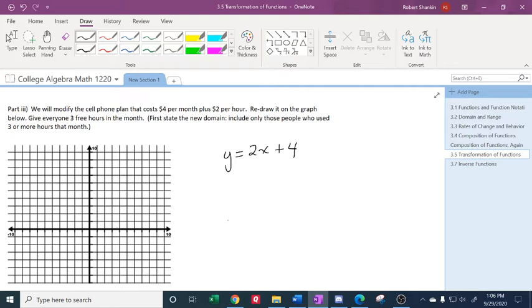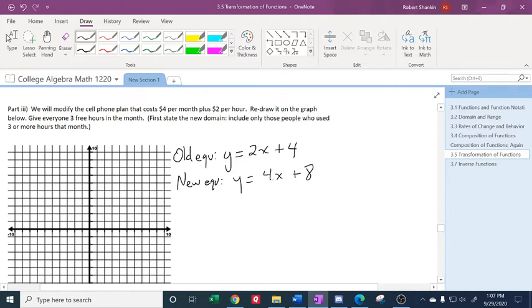Okay, let me ask group 1. What do you got here? This is a kind of a tricky one. This is Brianna. I think it's y equals 4x plus 8. Y equals 4x plus 8 with the 3 free hours in a month? Yes. Okay.